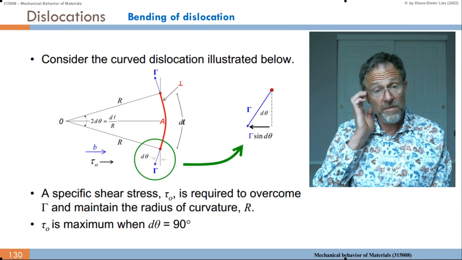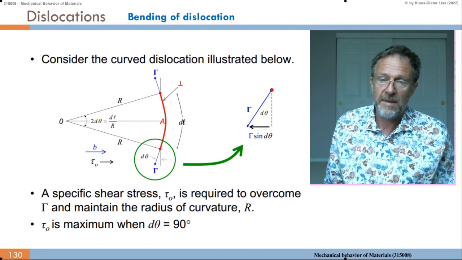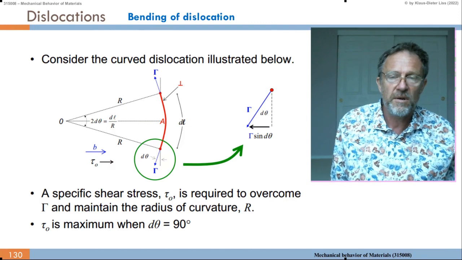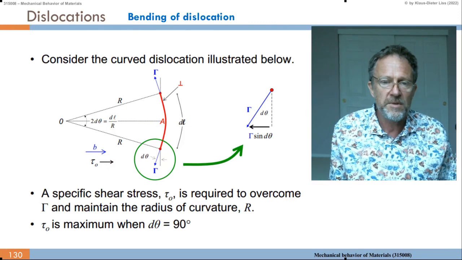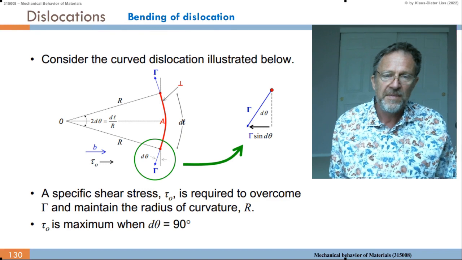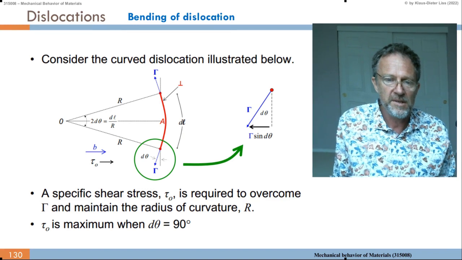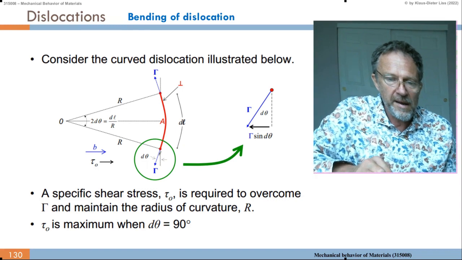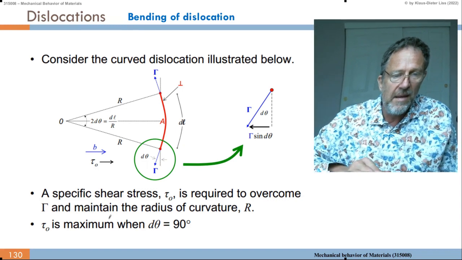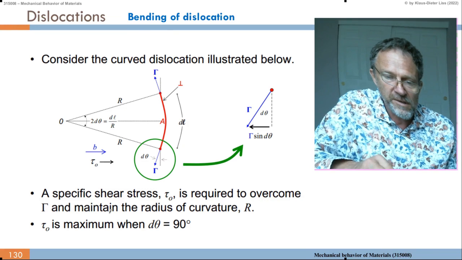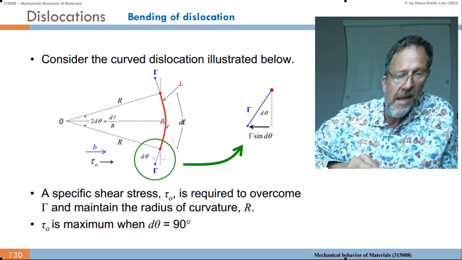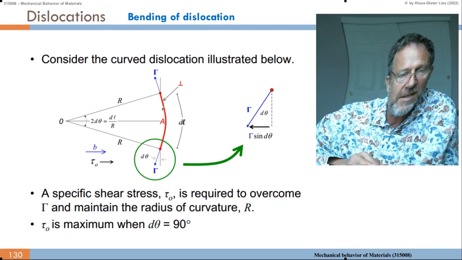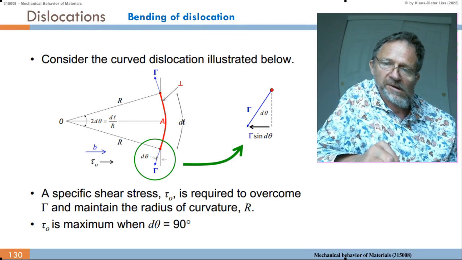Now I'd like to introduce a different subject, namely the curvature of a dislocation, because we have the dislocation loops, and sometimes you have to bend the dislocation, and bending the dislocation costs some energy. We can say we have a line force gamma, which is kind of a surface tension force, and if you move this part of the dislocation out here, then it costs energy because you make the line longer.